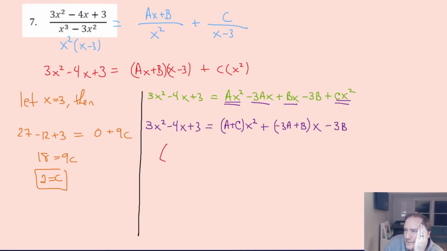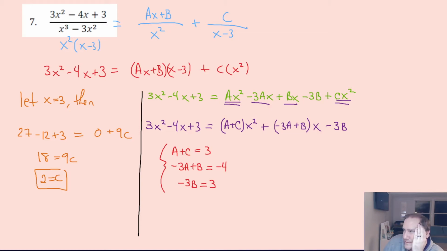I'll keep going anyway. So we're going to have an a plus c that we know equals 3. We're going to have a negative 3a plus b equals negative 4. And then we have negative 3b that equals 3.